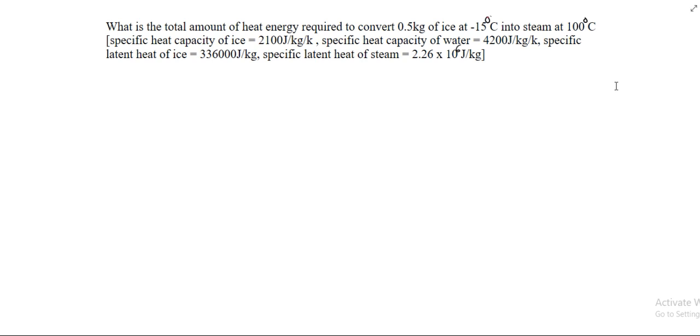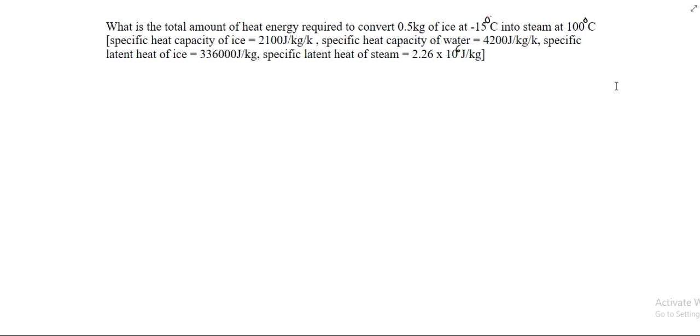Today we'll be solving another question on the topic measurement of heat energy. And the question goes thus: what is the total amount of heat energy required to convert 0.5 kilogram of ice at minus 15 degrees Celsius into steam at 100 degrees Celsius?